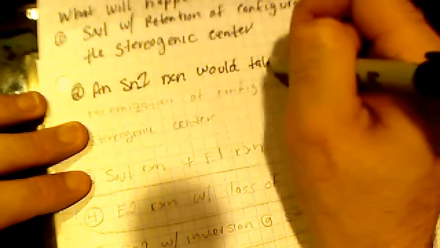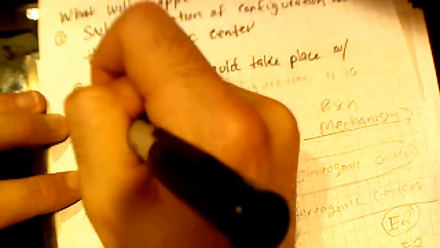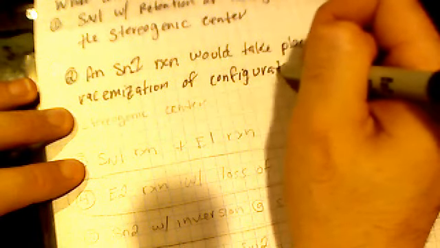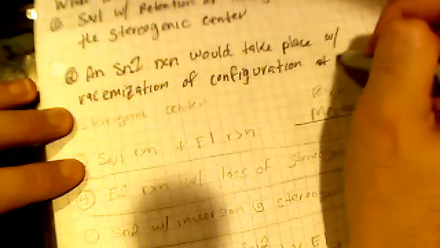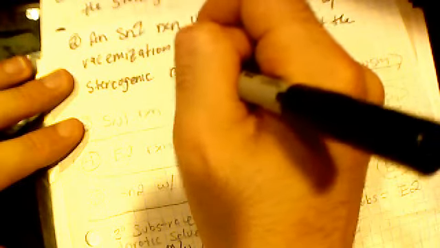Are we going to get an SN1 reaction, which would take place with racemization of configuration at the stereogenic center?